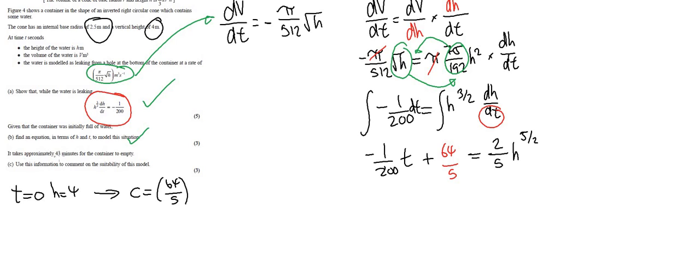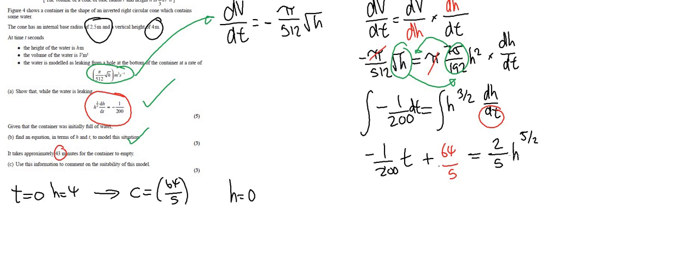So part C, it takes approximately 43 minutes for the container to empty. Use this information to comment on the suitability of this model. Well, okay, so what do we need to do? We need to compare this 43 minutes to the answer from our equation. So if the height is equal to 0, that means that our container is empty.